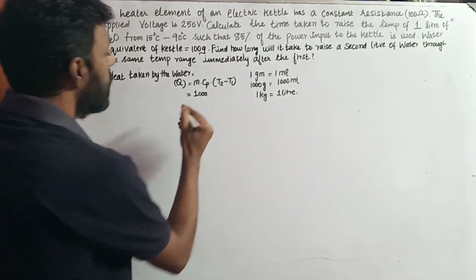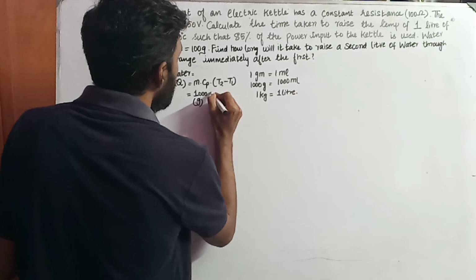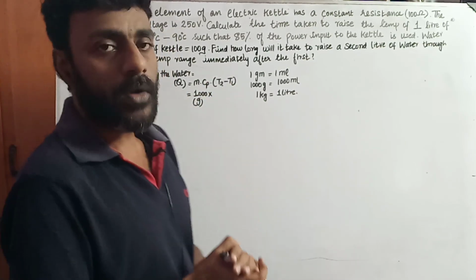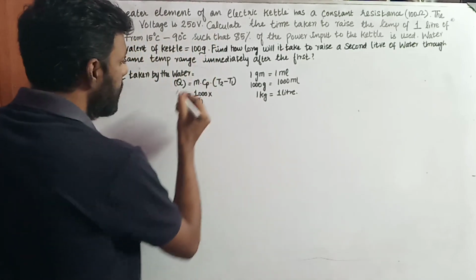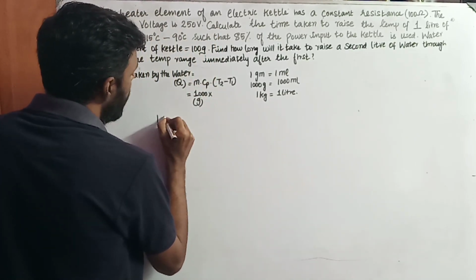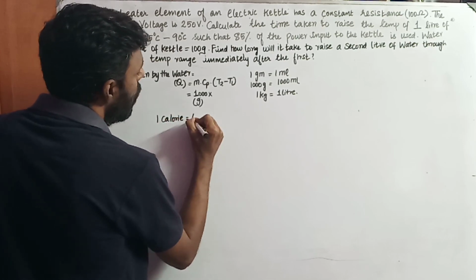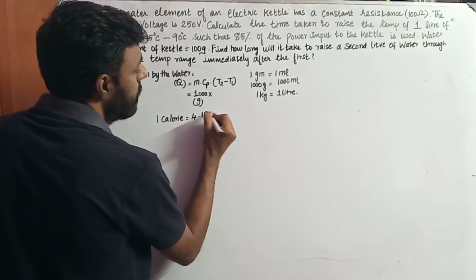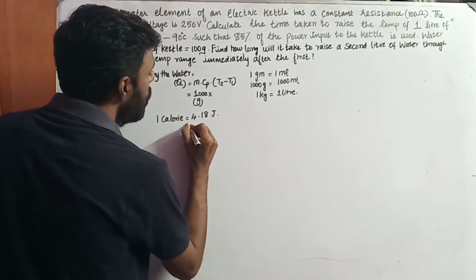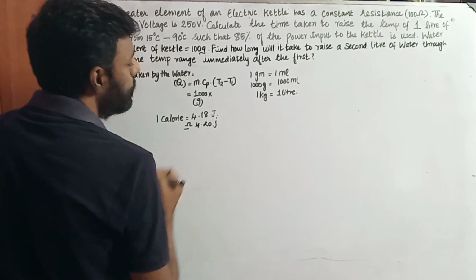See, 1000 grams is the unit here. Into what is Cp? Cp is the specific heat at constant pressure. So we know that 1 calorie will be equal to 4.18 joules, which is approximated to 4.20 joules.